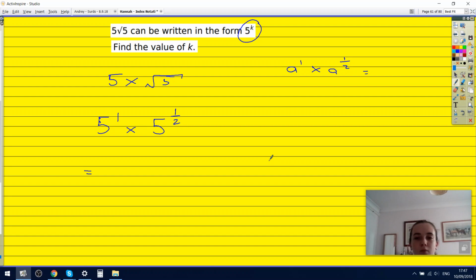A to the 1.5. Yeah. And so 5 to the 1 times 5 to the half? 5 to the 1.5. That's it. And I'll just write it as 5 to the 3 over 2. Mm-hmm. Any questions there? No.